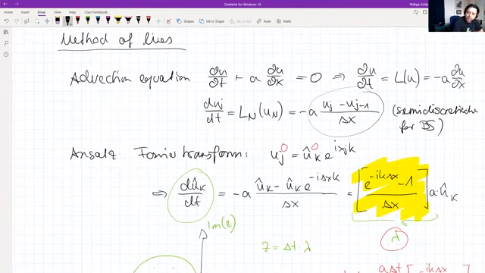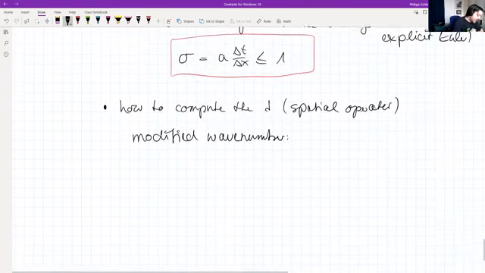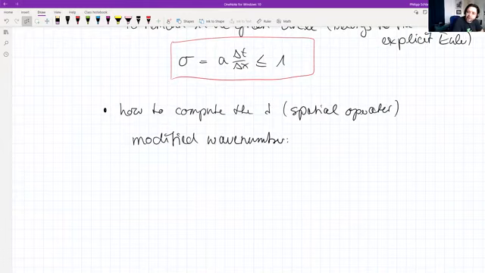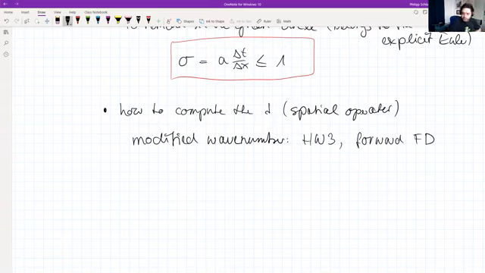Now, of course, the question is, in this case we would like to have this finite difference scheme, which is backward finite differences, so an upwind scheme. How does the modified wave number look for an upwind scheme? We have not calculated it, but you will calculate it in homework. I think it's homework number 3, where you will calculate it for forward differences. But now we need backward finite differences. I just write down the result so you can confirm it yourself.